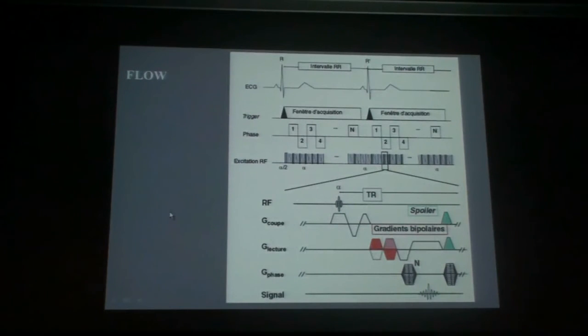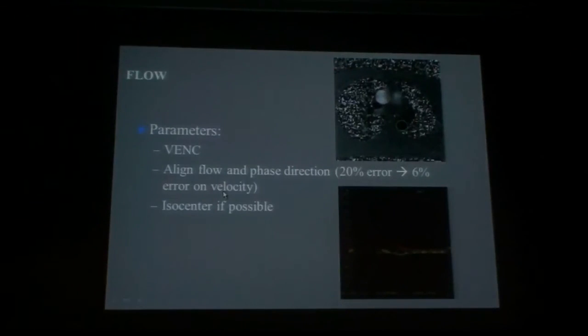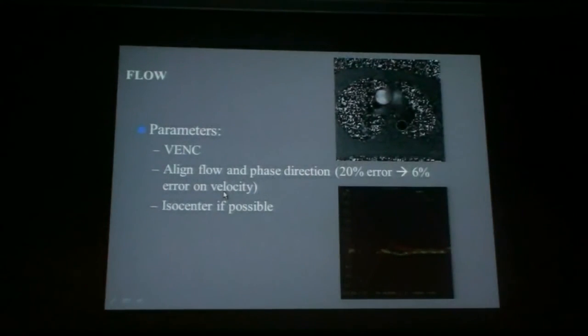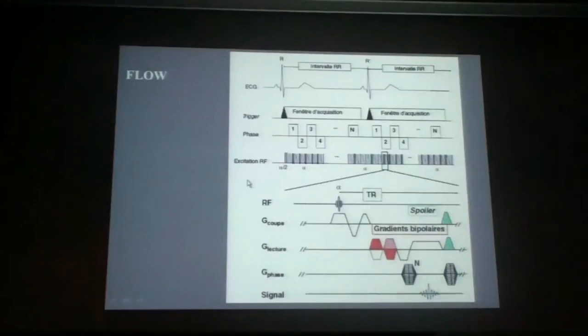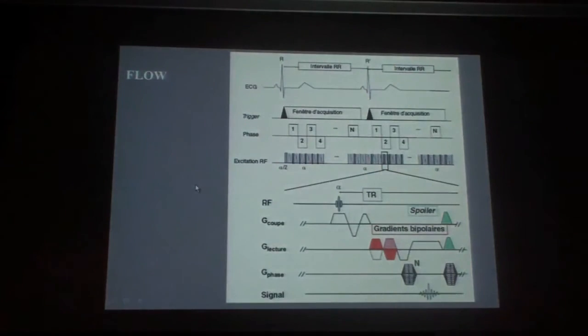And finally, for flow, just a word to tell you that these sequences use as well some RF pulses. There are dephase and rephase spins, and if the spins do flow, they are not correctly rephased, and therefore you can reconstruct an image of the speed of each spin depending on the quality of the rephasing using these refocusing radiofrequency pulses.